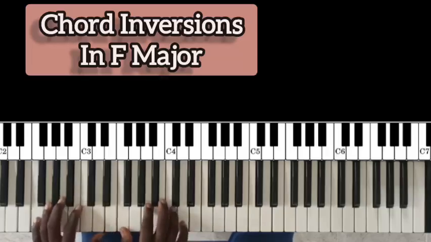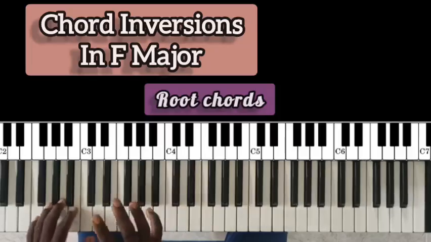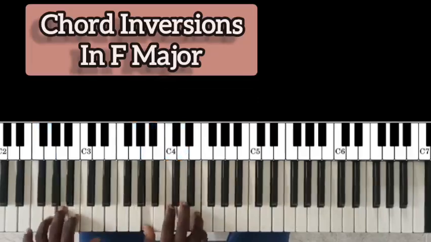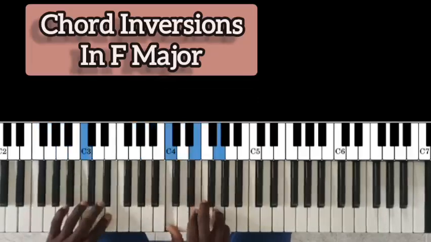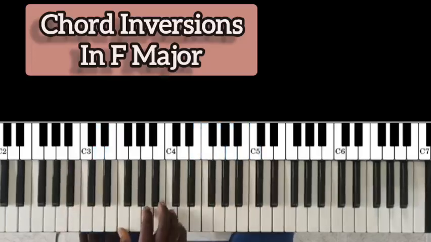If you know your basic triads, then you should also know their inversions, because these basic triads are called root chords. Root means in their original arrangement or form. Yes, this is F, but there are 2 other ways to play F major.